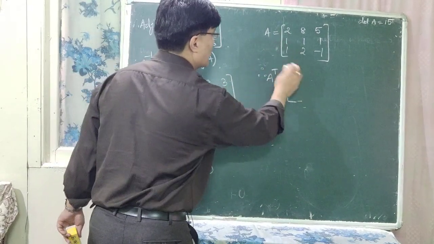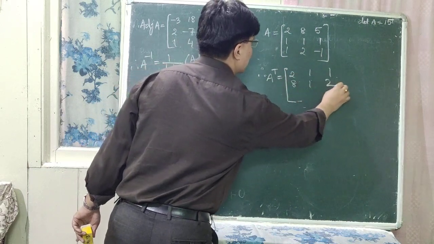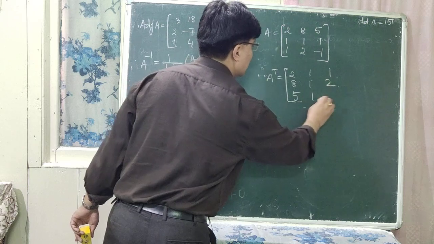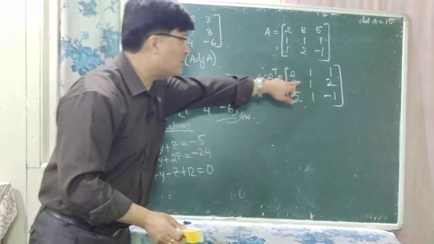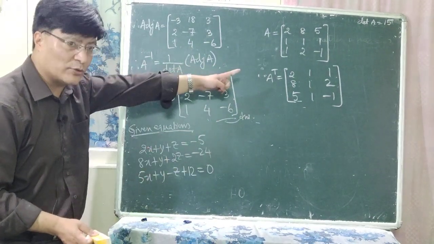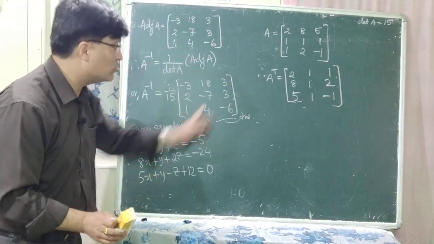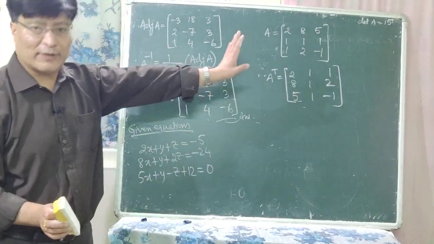That is 2 1 1 becomes the first row, then 8 1 2 becomes the second row, and 5, 1, minus 1 becomes the third row. That means this resembles the given system of equations. 2 1 1 first row, right. 8 1 2 second row is also right. 5, 1, minus 1 is also right.